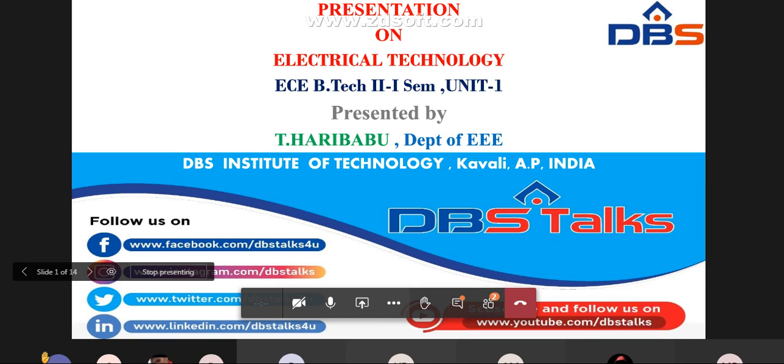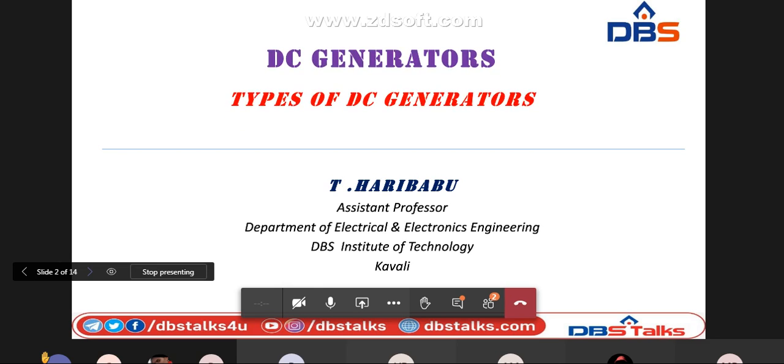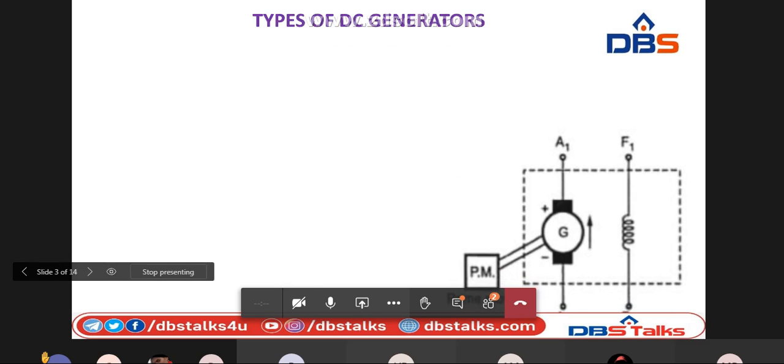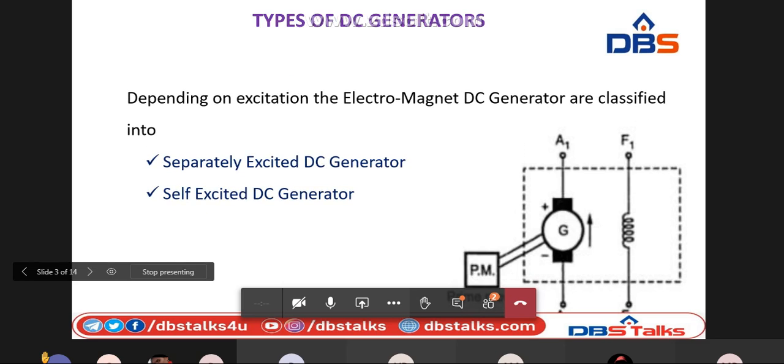Whenever flux is produced, through the pole shoe the flux is distributed uniformly. What is meant by field excitation? Excitation means we give current to the copper wire. The field produced by sending a direct current to the field winding is called field excitation.